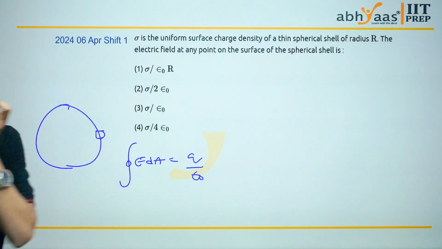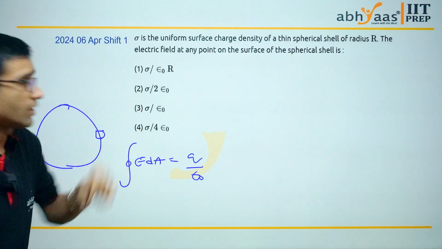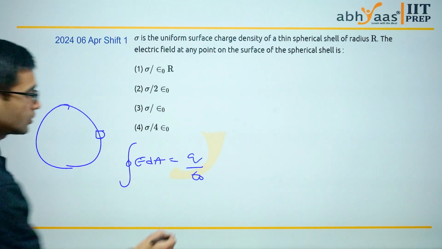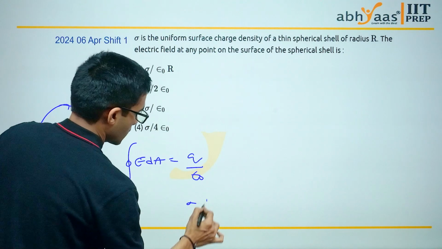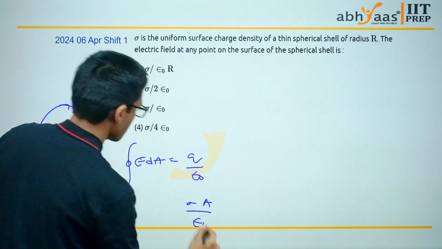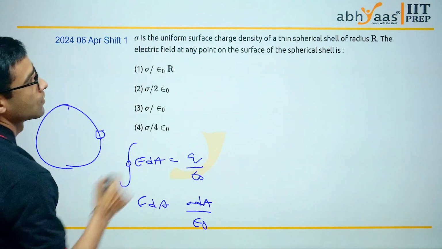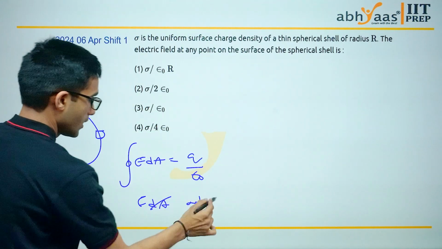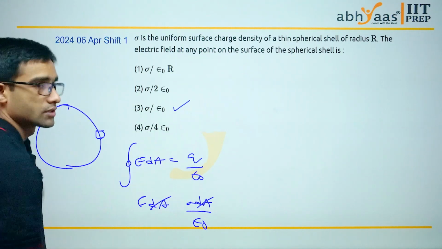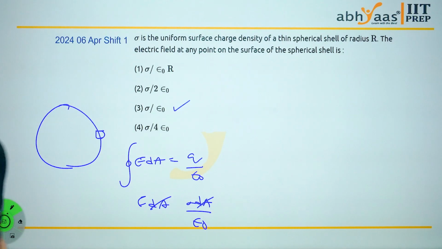But he is asking in terms of surface charge density, so you change Q to sigma A by epsilon naught. So this is E dA. Finally, dA gets cancelled, and the electric field is sigma by epsilon naught. Simple question based on the Gauss law.